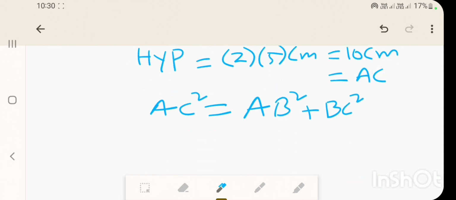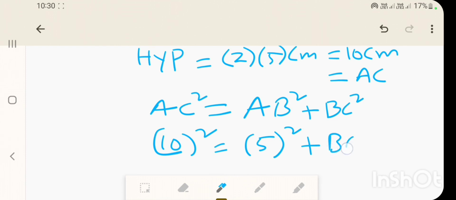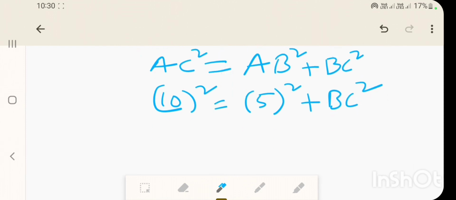So like that you can do, that is 10 square minus AB value they have given, 5 square, equals BC square. So 10 square is 100, okay, 5 square is 25.